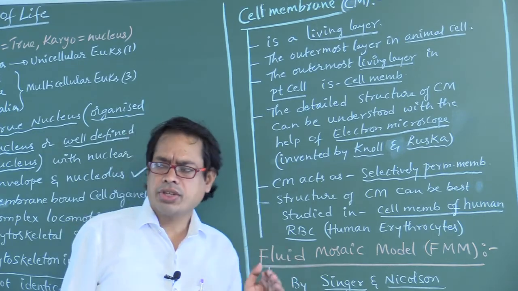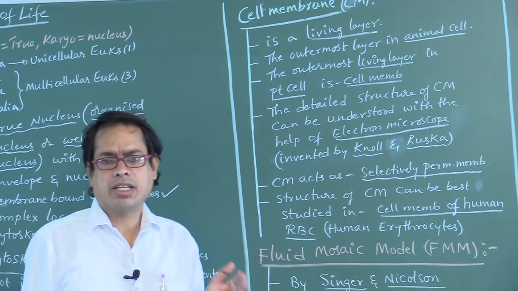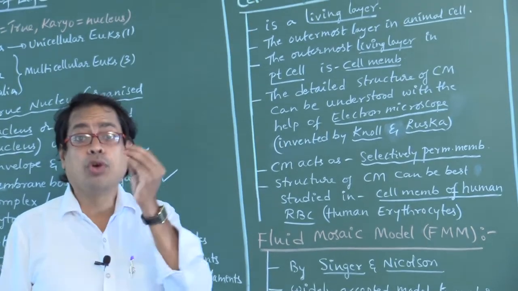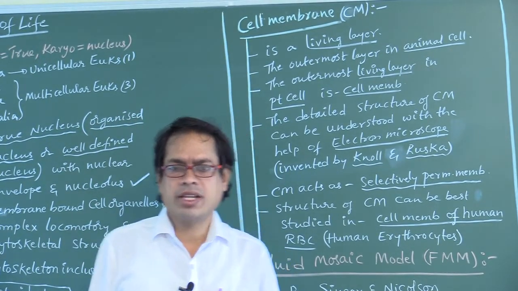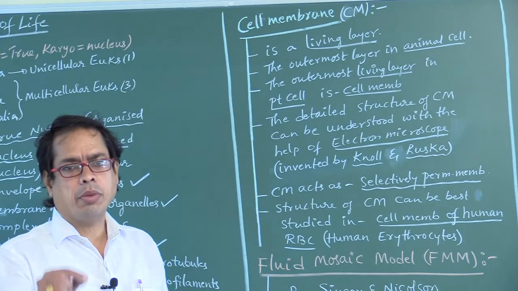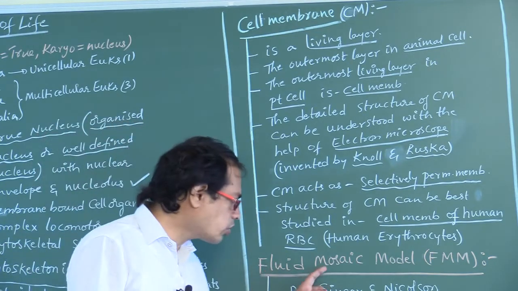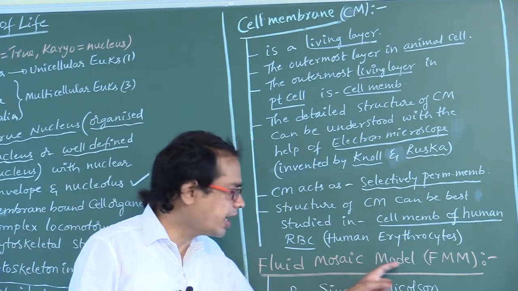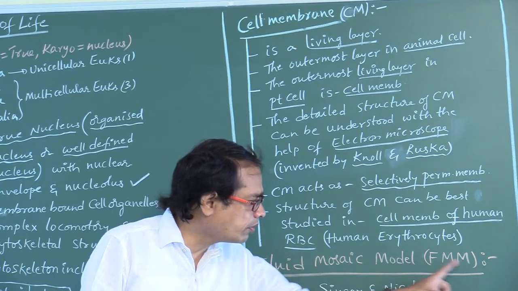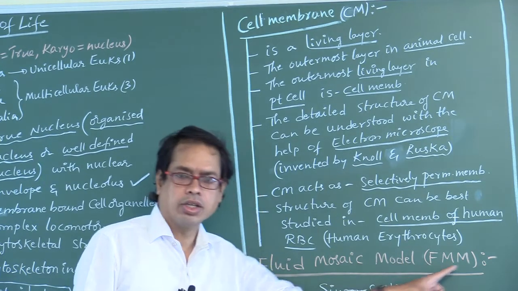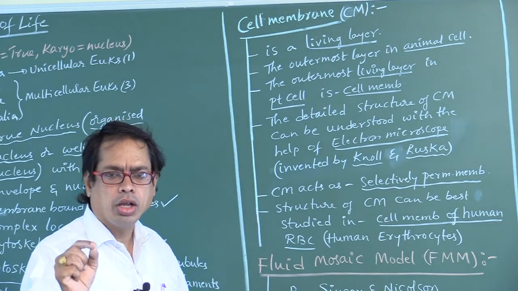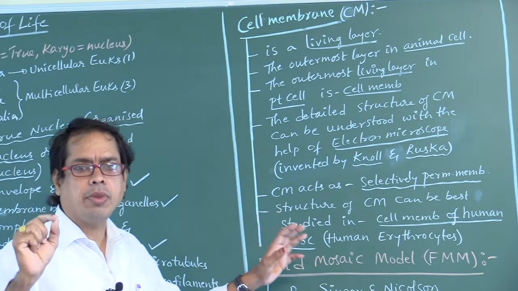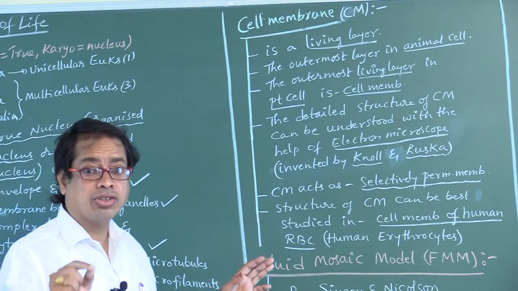Right. This cell membrane structure can be explained in different models. Of those models, the best model to explain cell membrane structure is the fluid mosaic model, shortly written as FMM. This is the widely accepted model to explain the structure of the cell membrane.